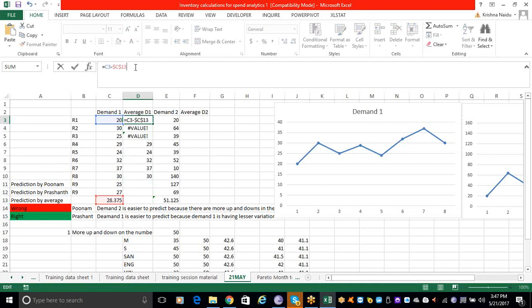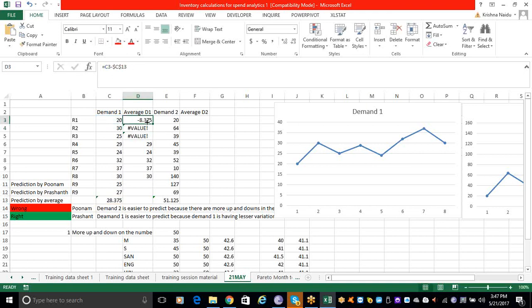In Excel, when you are taking a fixed number, it can be locked by using F4. I select this number and click F4, and this number will be locked. The symbol of locking is dollar, a dollar before the letter and a dollar before the number. This is the way we can lock it.